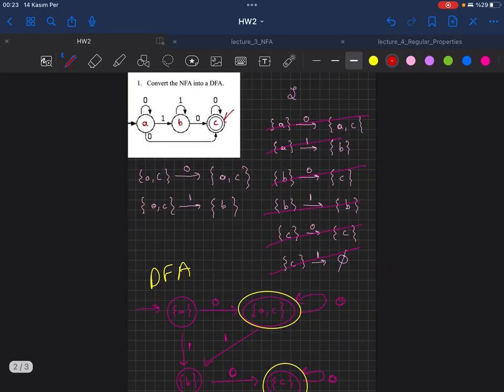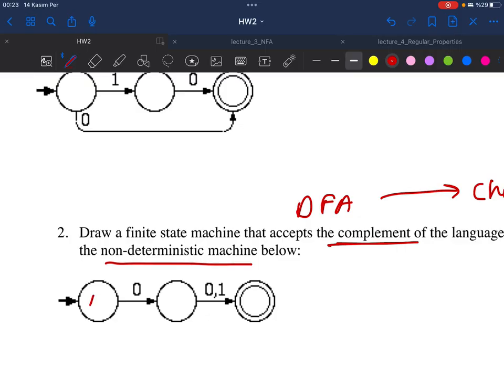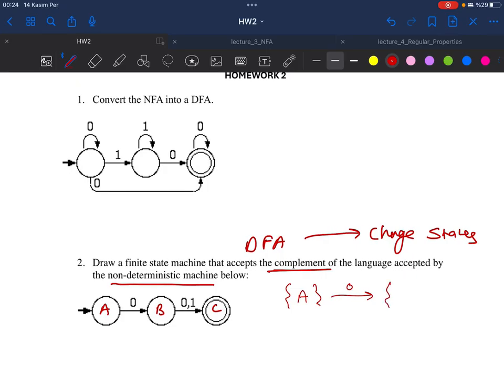As we did before, we should write each step, so I will name the states. In state A, with the curly bracket, yes, the A state. If we go with 0, we will go to the B state, right?